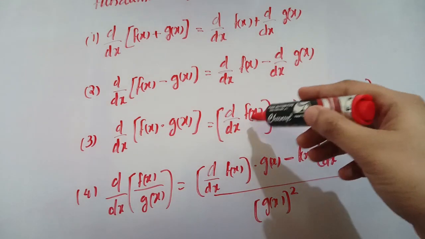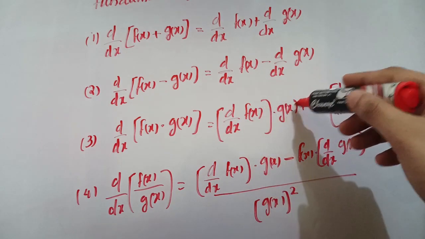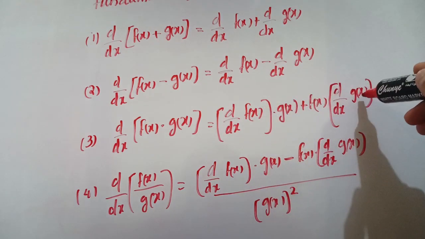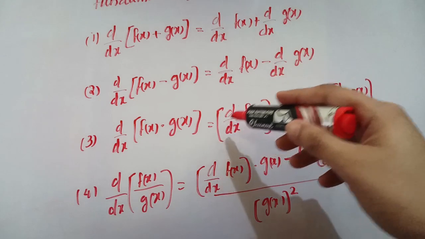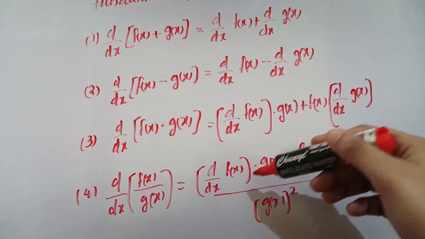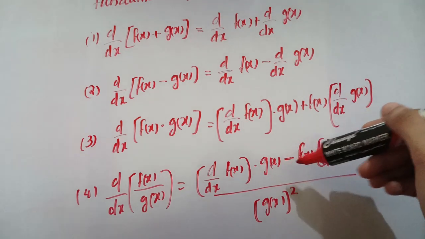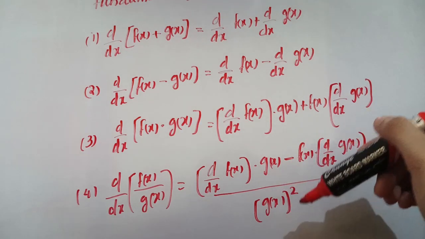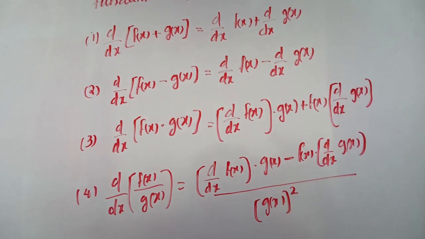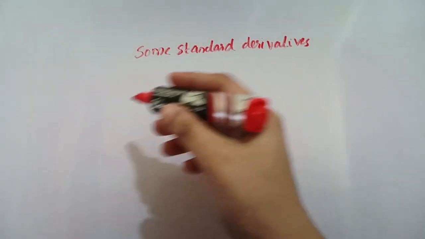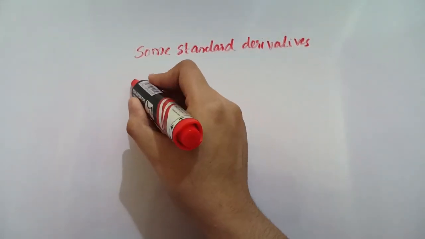That is, d by dx of f of x into g of x plus d by dx of g of x into f of x for multiplication, and d by dx of f of x into g of x minus d by dx of g of x into f of x by g of x all square in the case of division. Next topic, some standard derivatives.